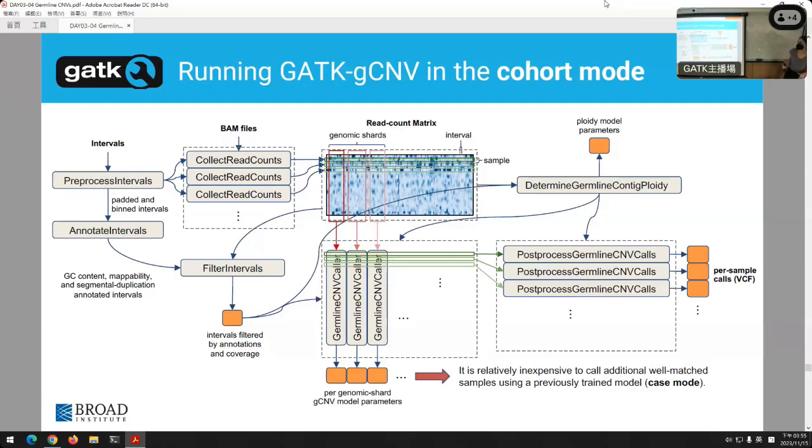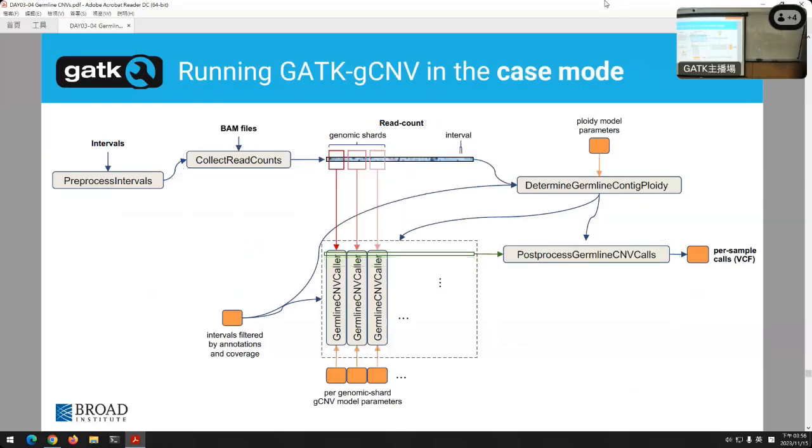And this is because we have output the trained model parameters when we ran Germline CNV Caller. So we can take those trained model parameters and apply them on a brand new sample to perform CNV calling on that new sample, as long as that new sample was relatively similar to the samples where we originally trained our model. And that is called case mode.